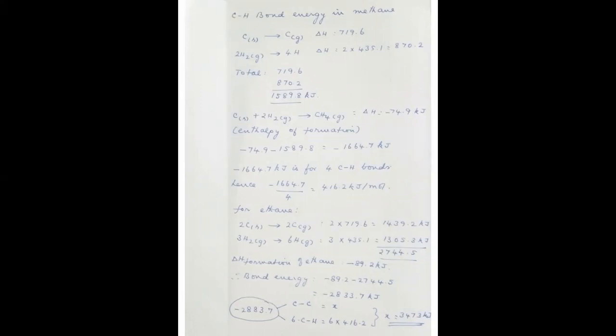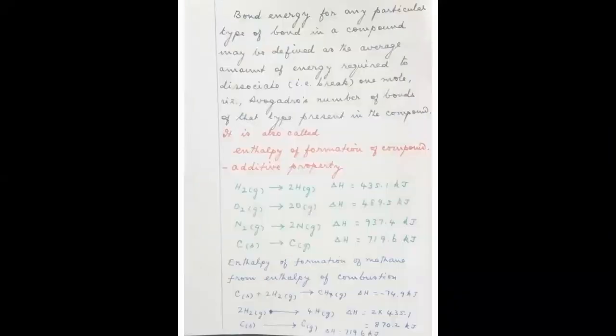So it is 2 times 435.1, because this 435.1 was presented in the previous slide for the breaking of 1 molecule of hydrogen to form 2 atoms. So delta H is equal to 2 into 435.1, which is 870.2. So the total amount is 1589.8 kilojoule.